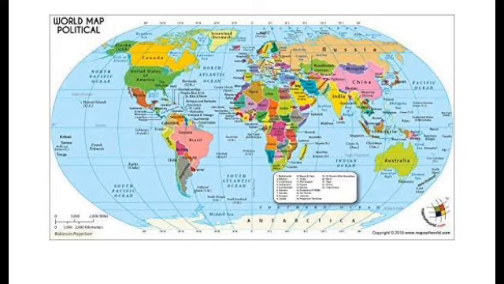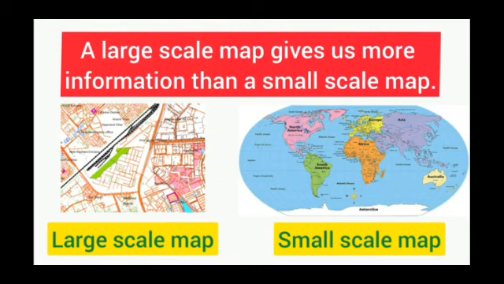Okay, now come to the large scale map. The large scale map refers to neighborhood maps, district or town maps. In other words, when a small area is to be shown on paper, then we use a large scale. For example, 6 centimeters equal to 600 meters.